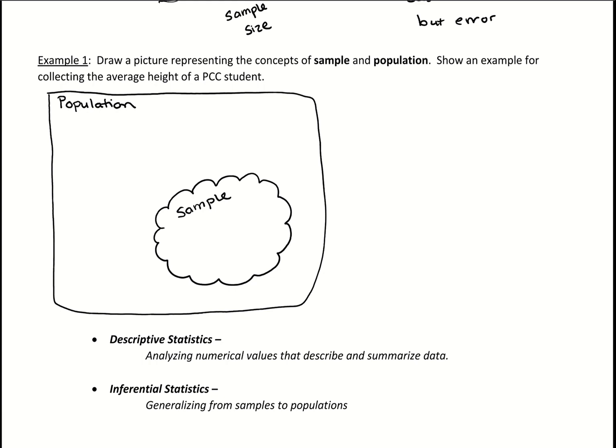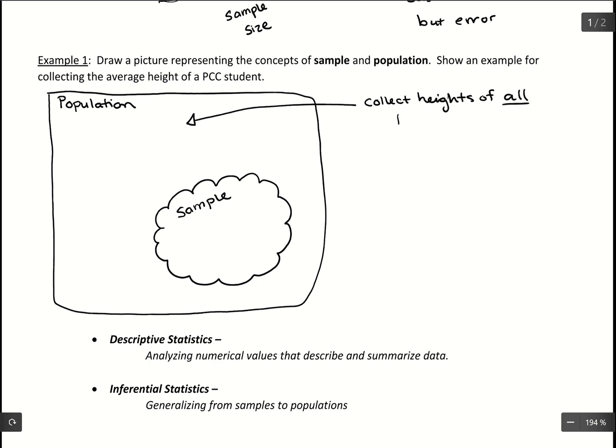So if we were interested in the average height of a PCC student, if we were collecting this information from a population, this would be where we would collect the heights of all PCC students and then take their average.